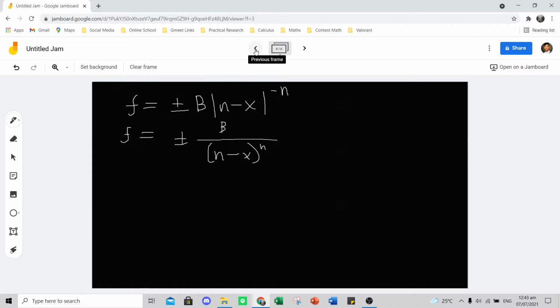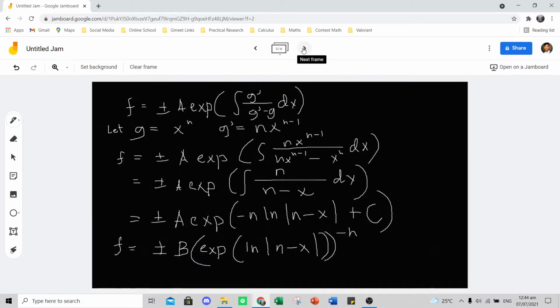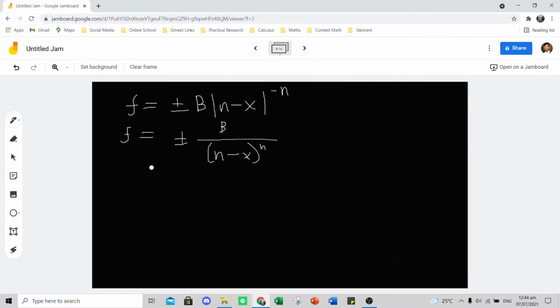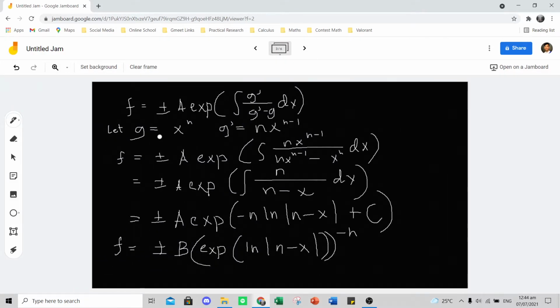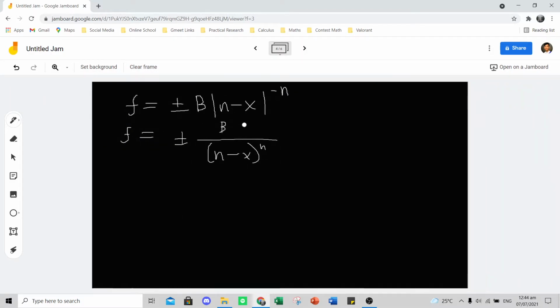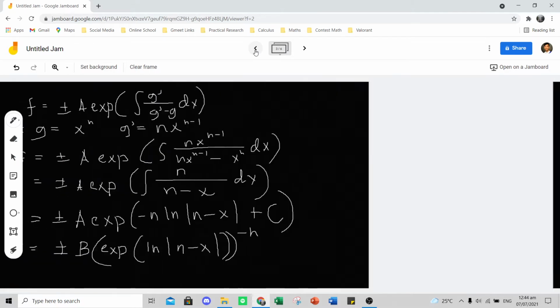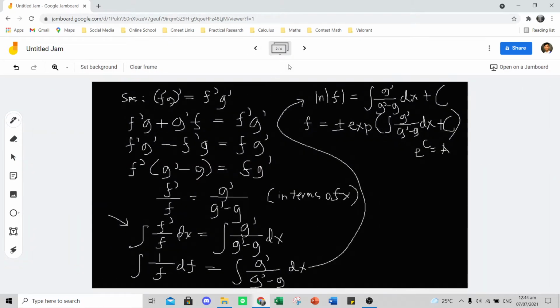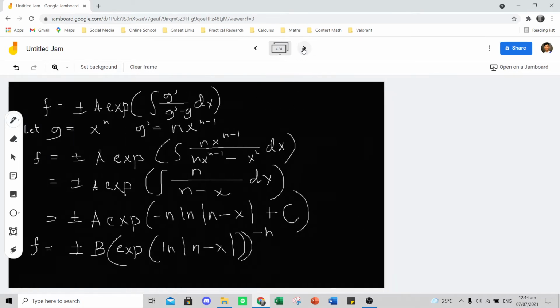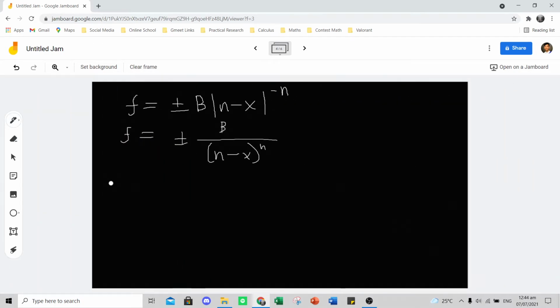So my point is, I'm claiming that when g is equal to x raised to n, and f is equal to plus or minus b over n minus x raised to n, then the derivative of fg is equal to the derivative of f times the derivative of g.